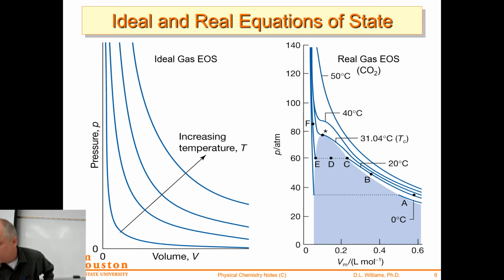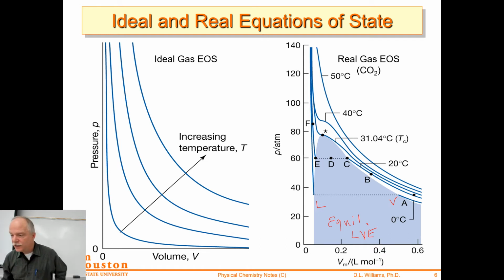In this blue region, you have condensation, where you have the liquid and the vapor equilibrium. And so that's what we call LVE, liquid vapor equilibrium, in that blue region.